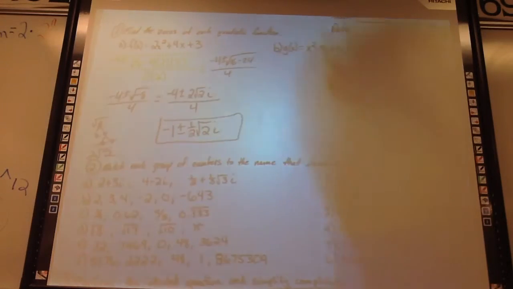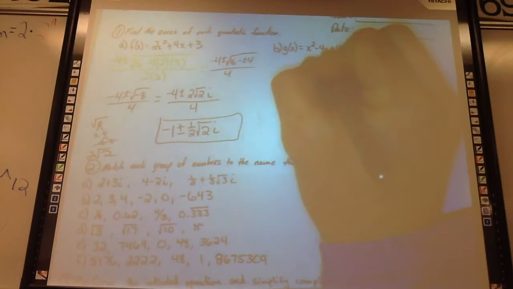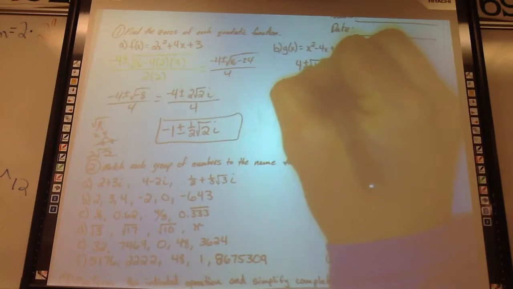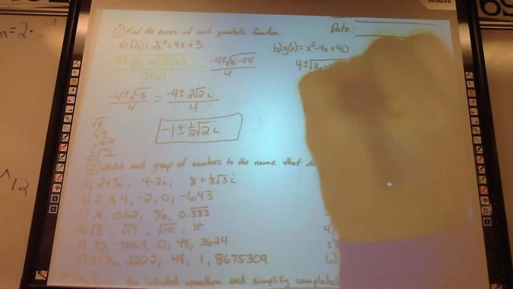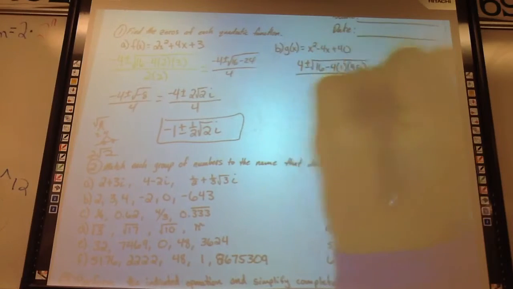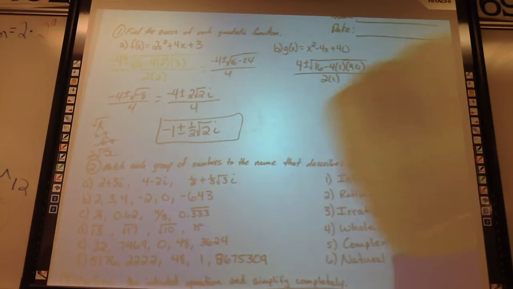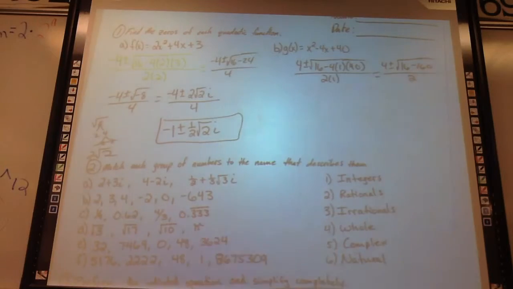Anyway, this one, negative b. Well, if it's already negative, it's going to become positive 4 plus or minus square root of, again, 16 minus 4 times 1 times 40, all over 2 times 1. So that's 4 plus or minus, 4 times 40 is 160. So 16 minus 160 over 2.